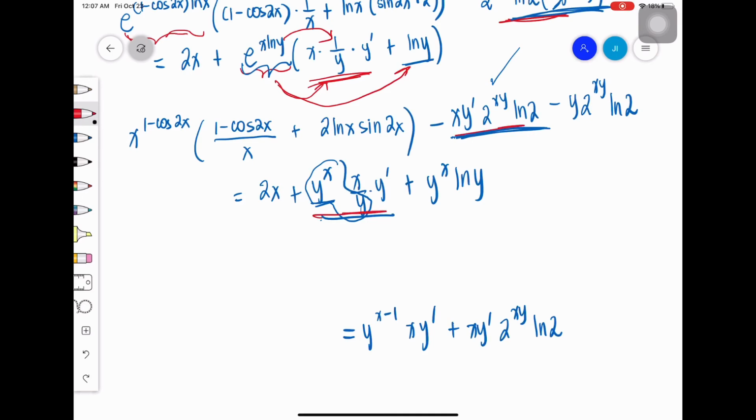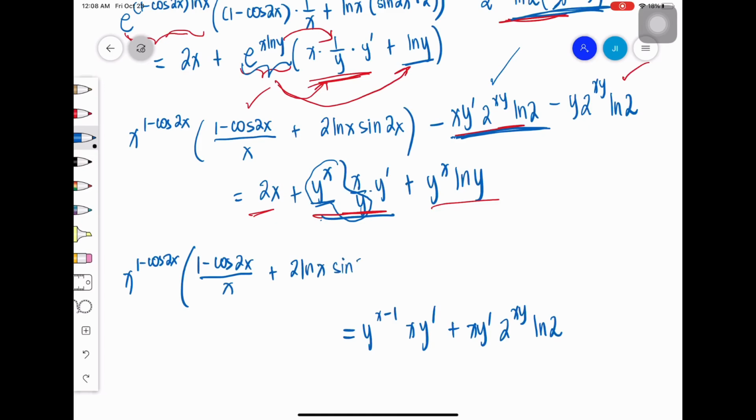The rest, copyhin ko lang to, tapos lipat ko to sa kabila. So I'll have something like x raised to 1 minus cosine 2x multiplied to this ugly thing here. Well, what's the convention in Math 21 is if it's very complicated, then leave it as it is.